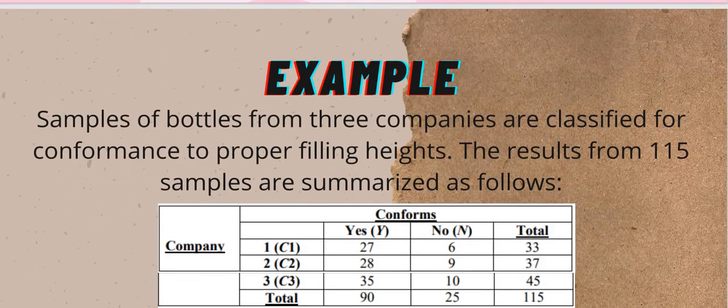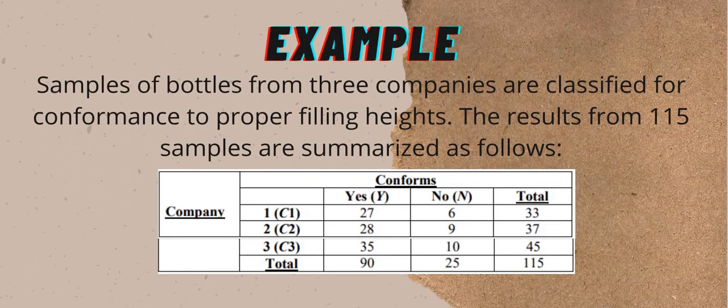So now we go to the example. Bottles from 3 companies are classified for conformance to proper filling height. The results from 115 samples, so this is the total, are summarized as follows.